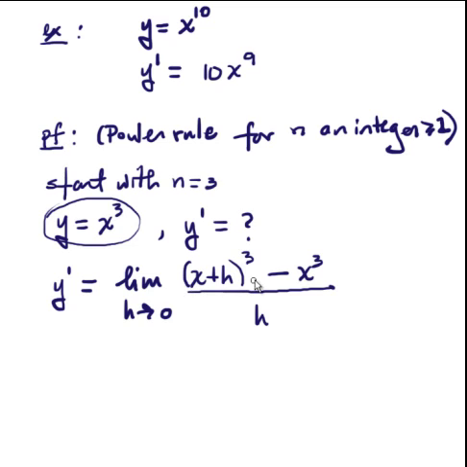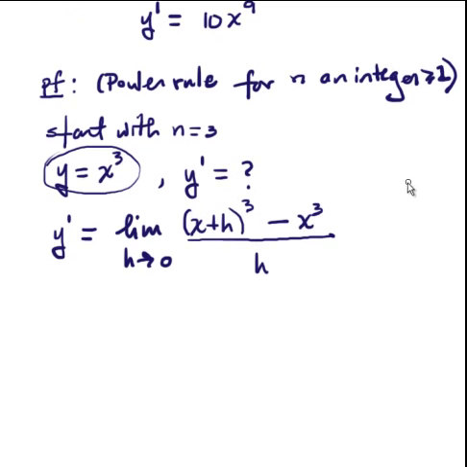Now all we have to do is expand x plus h cubed, and that's not difficult to do. Just multiply it out three times, x plus h times x plus h times x plus h. I'm just going to write out what it is, and I'll leave it to you to actually expand it. So this is what x plus h times x plus h times x plus h is equal to.